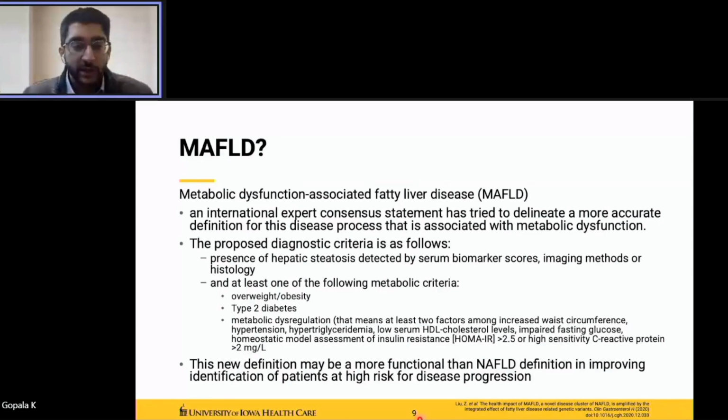So central obesity, hypertension, hyperlipidemia, LDL levels, or HDL levels, impaired fasting glucose, and there's a calculator called HOMA-IR as well. So this new definition may be more functional than the NAFLD definition and improve identification of patients at high risk for disease progression.